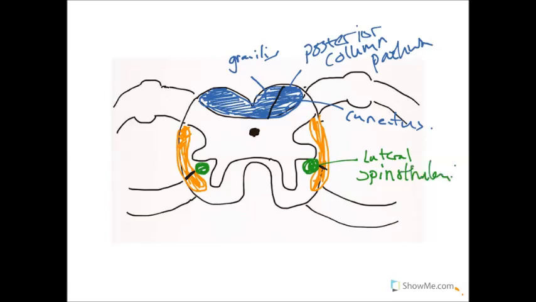Then we're going to see an anterior spinothalamic as well. The anterior spinothalamic tracts are right here. These are the tracts and pathways that are traveling up the spinal cord to go to the brain.